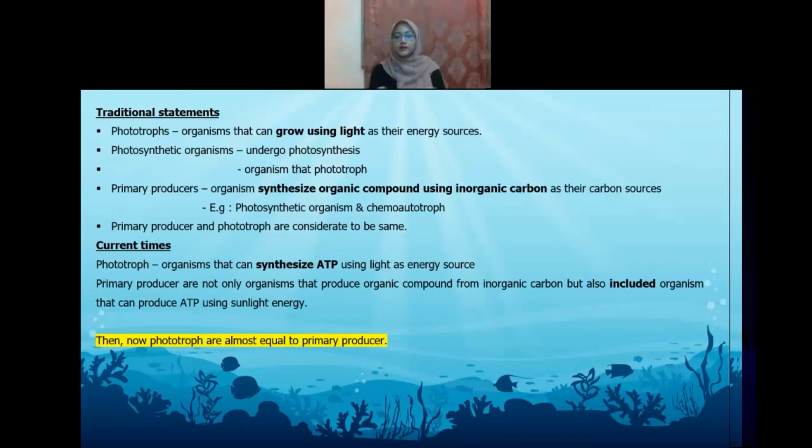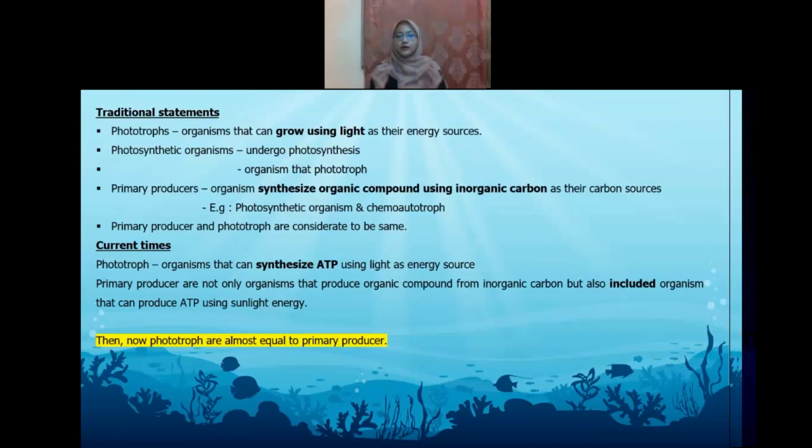So at the end of the article, the author rephrased and changed the meaning. The new meanings of phototroph and primary producer are not the same anymore.